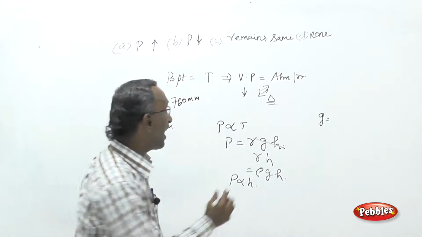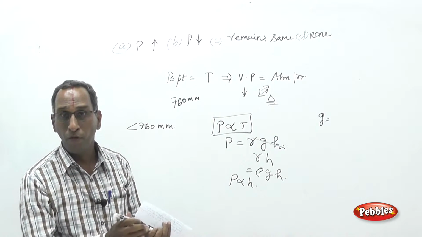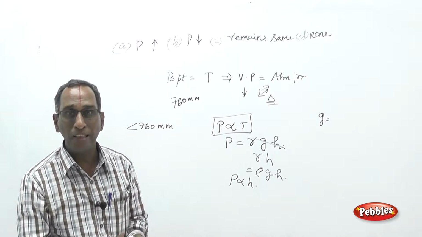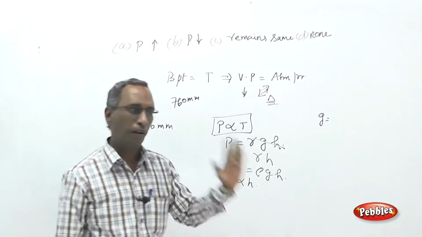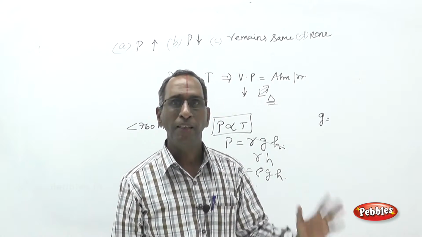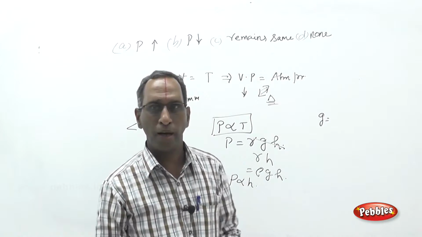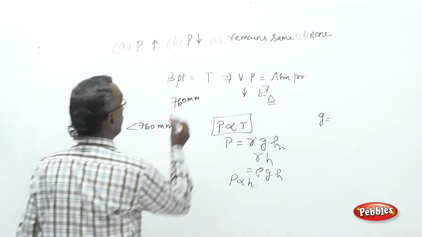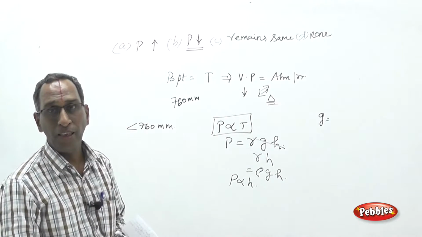That is, pressure is directly proportional to temperature. We have seen this, one of the formulas behind Boyle's law and Charles's law. From this, we see that at high altitudes pressure decreases. That is why, without the use of a pressure cooker, it takes longer time. So for this question, the choice is pressure decreases.